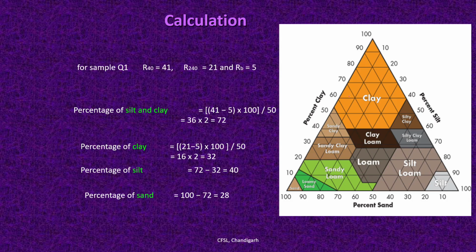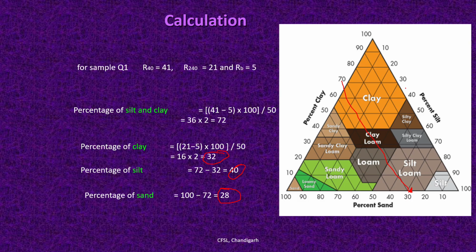Then you can apply the triangle formula to fix the nature of the soil. Suppose in this case I have calculated clay equal to 32, silt equal to 40, and sand equal to 28. Sand is 28, so it comes just before 30, and you follow this line.